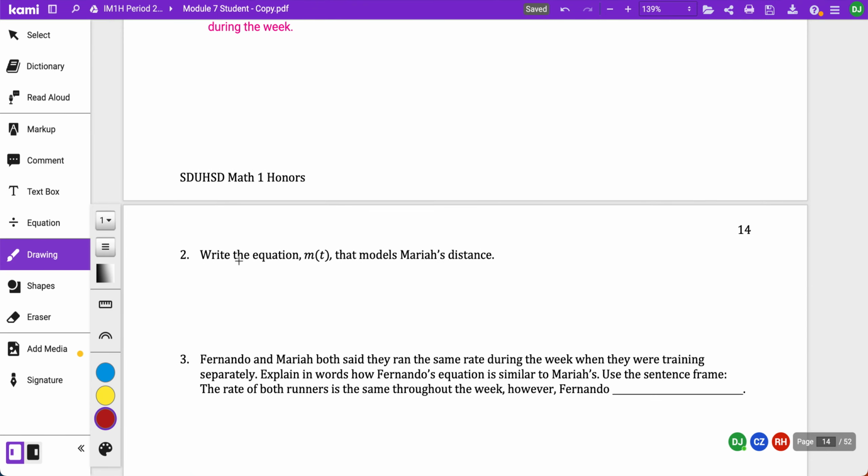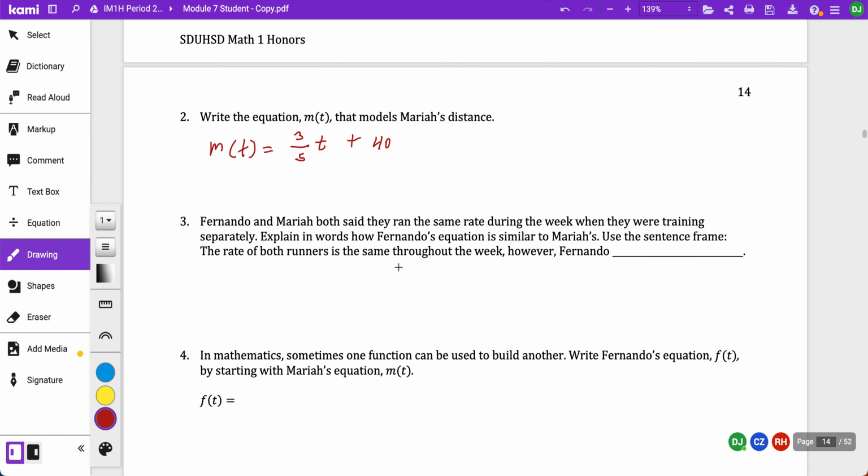Mariah's distance as a function of time would equal 3 laps every 5 minutes, which is represented with the t, times the amount of time she's run, plus the 40 laps that she ran during the week. So this will represent her total laps at the end of Saturday.